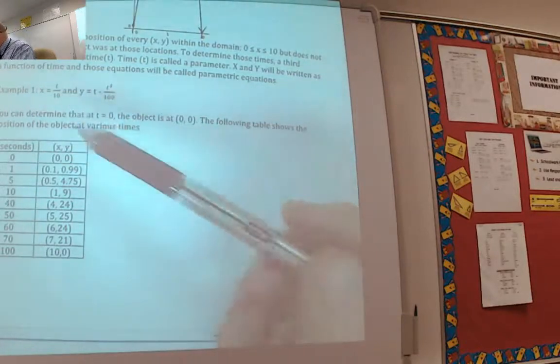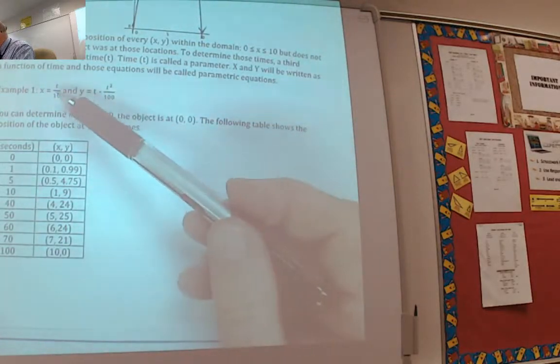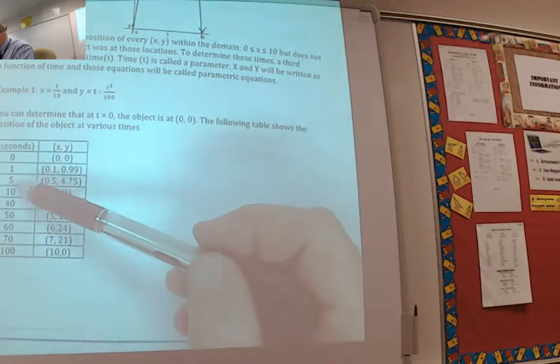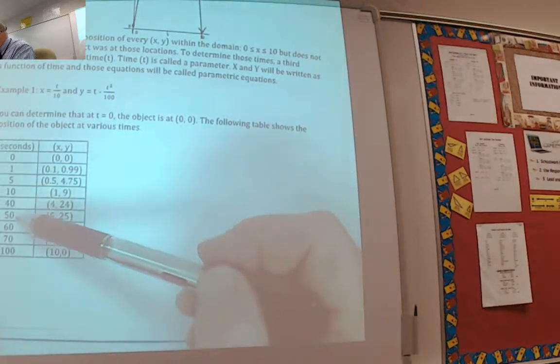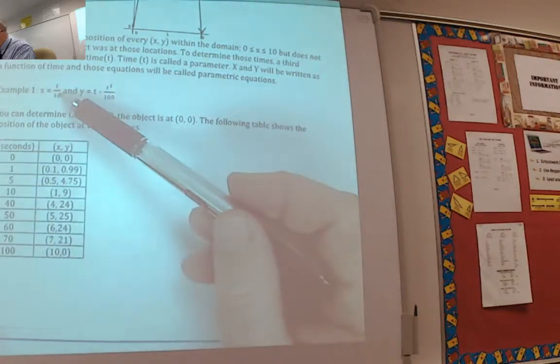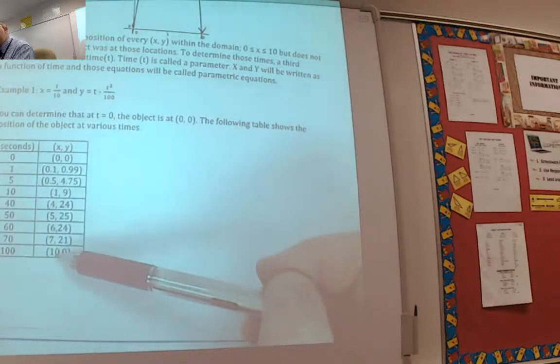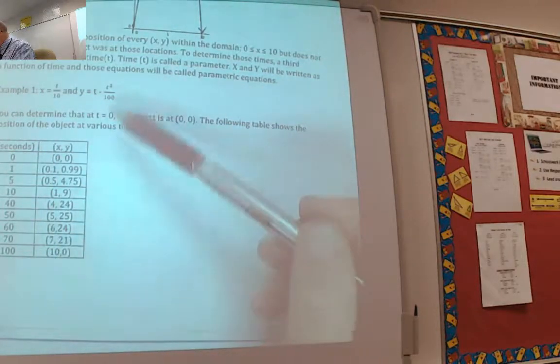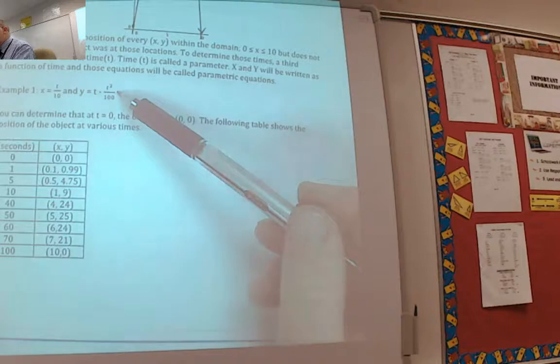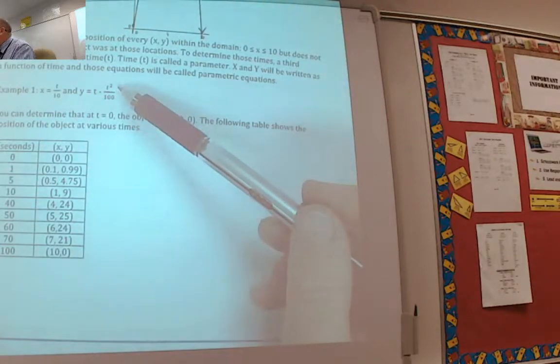So if I want to know what the x values are, all I did was put in 0, 1, 5, 10, 40, 50, all the way up to 100 into this equation to come up with my x values. Likewise, I came up with this equation for my y values, and I just made them up.